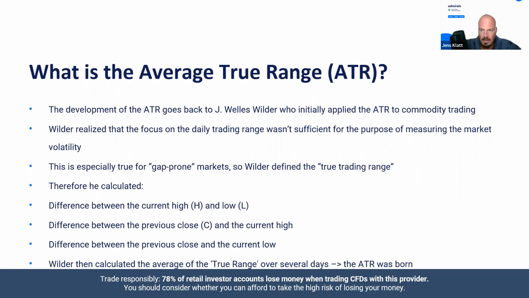And what he realized, for example, in terms of commodity markets, was that the focus on the daily trading range wasn't really sufficient for the purpose of measuring market volatility. Why is that? Well, you've probably read plenty of the interviews in the Market Wizards series with Jack Schwager, and there have been big losses for traders who faced so-called limit up, respectively limit down days.